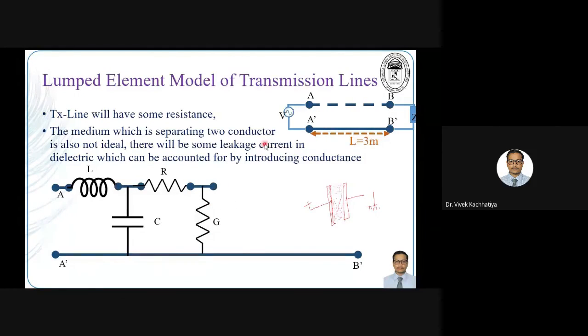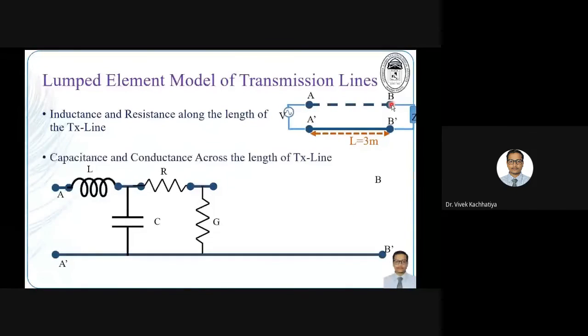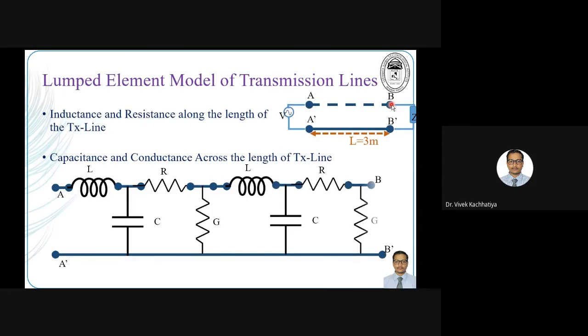For the entire length from A to B, we have to repeat this: resistance and inductance along the length of the transmission line, and capacitance and conductance across the length of the line. We repeat this up to point B and B dash.